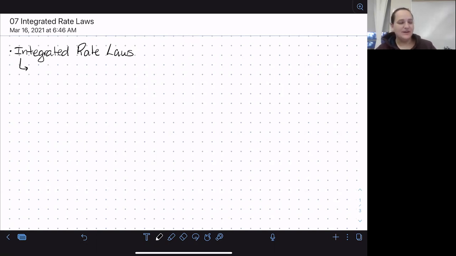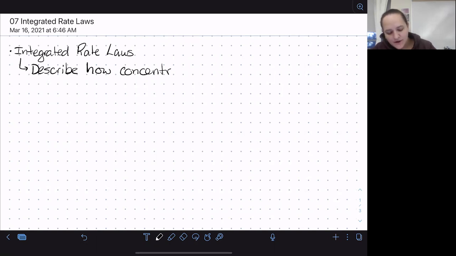For those of you that are in calculus, that might make some sense. For those of you that aren't, don't worry about it. You don't need to do it. So what we get are these integrated rate laws that describe how the concentration of a reactant changes over time.